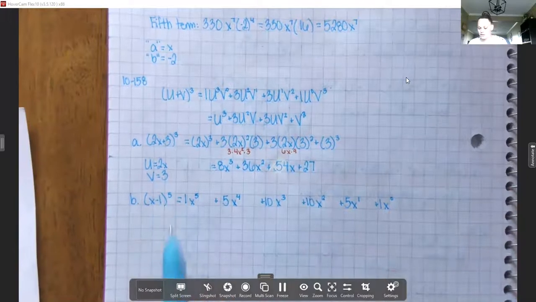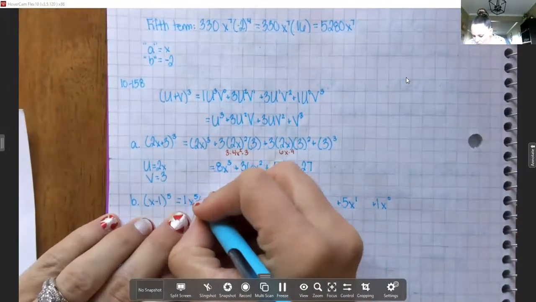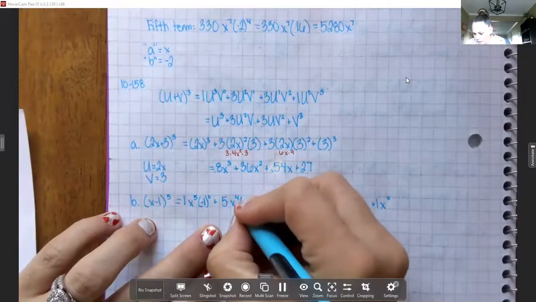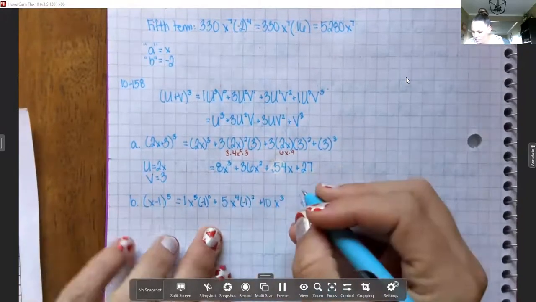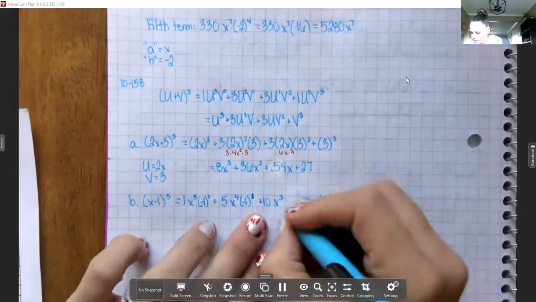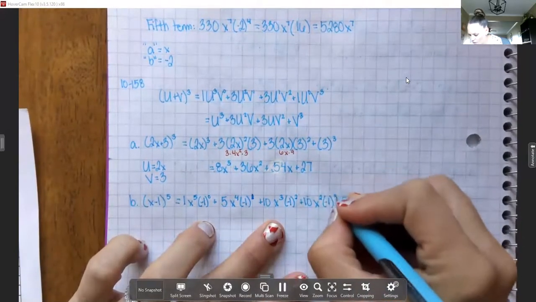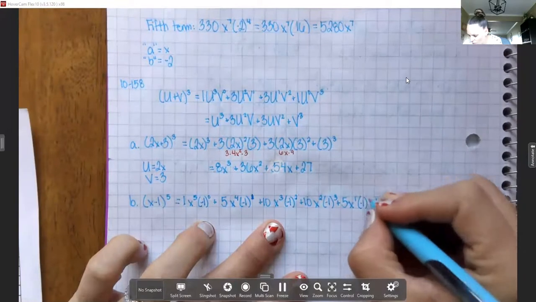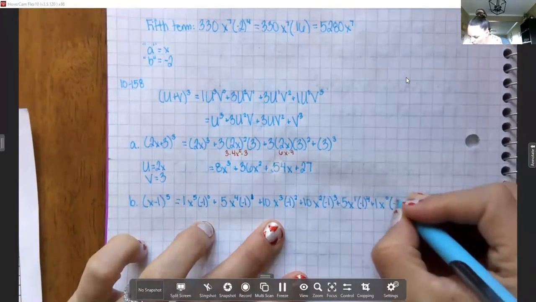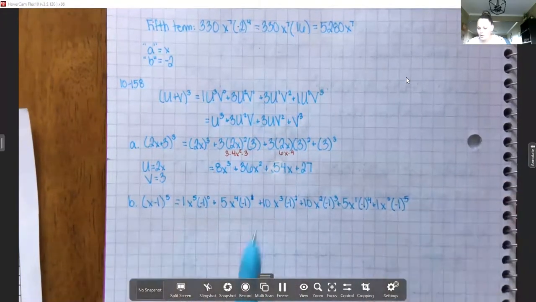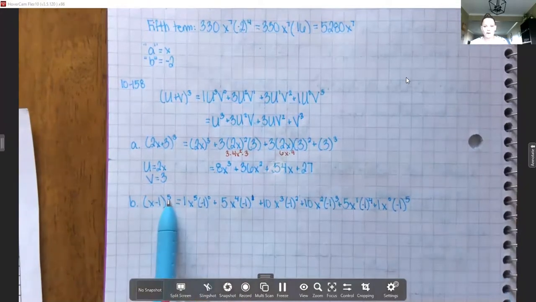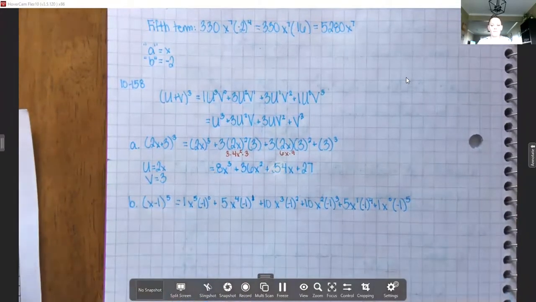And then here we start, this would be -1 to the 0, -1 to the first, -1 squared, -1 to the third, -1 to the fourth, and -1 to the fifth. Remember, your two exponents are always going to add up to whatever this exponent is here.